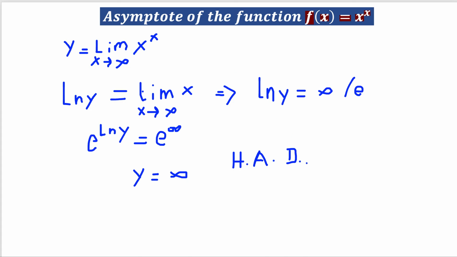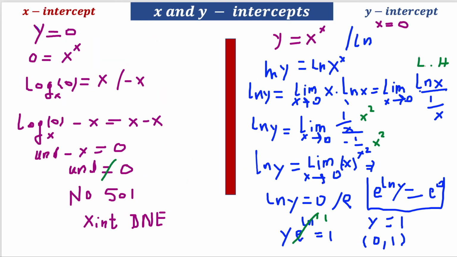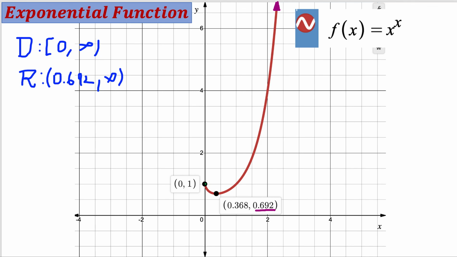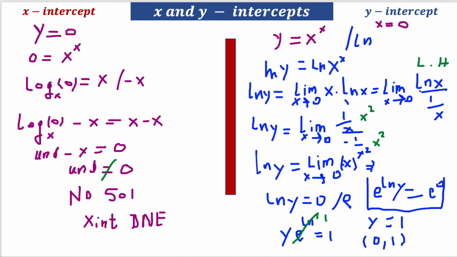So the horizontal asymptote does not exist. Usually exponential functions have a horizontal asymptote, but in this case they don't. And exponential functions don't have a vertical asymptote, except when they are, for example, in combination with other functions. In those cases we may have some vertical or horizontal asymptote.